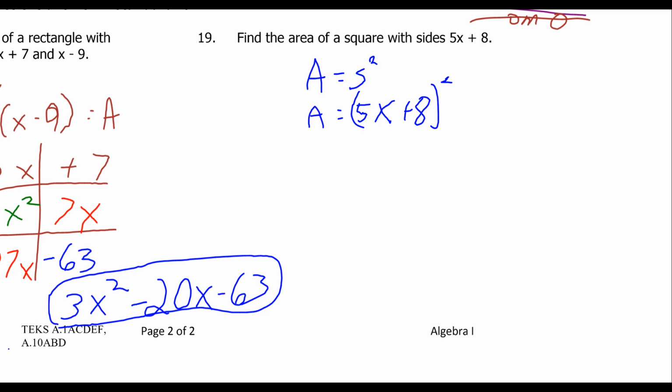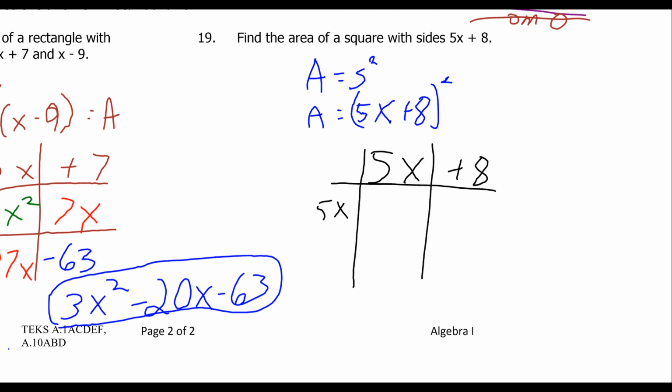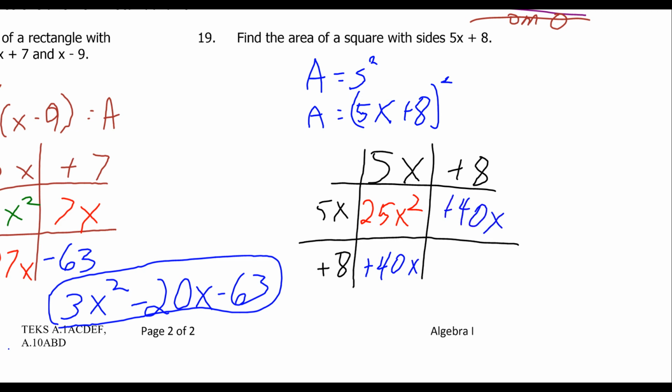Now, those of y'all that are still watching and doing the video like you're supposed to, you're going to know that you're supposed to go like this and have 5x plus 8 there and 5x and a plus 8 here. And what that's going to do for us is give us 25x squared plus 40x here plus 40x here plus 64 down here.